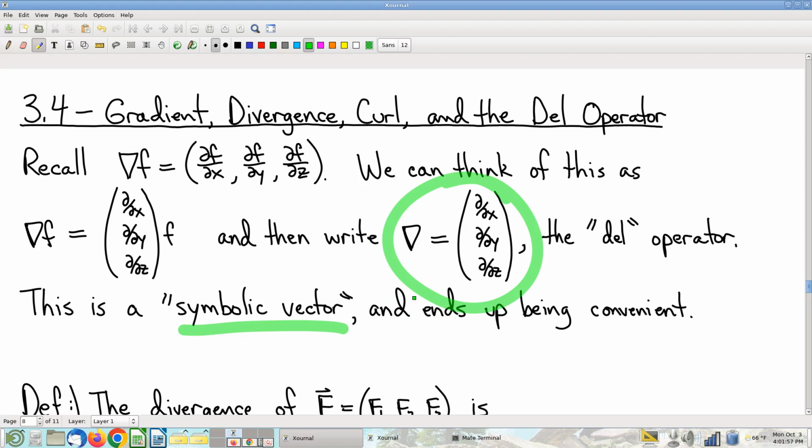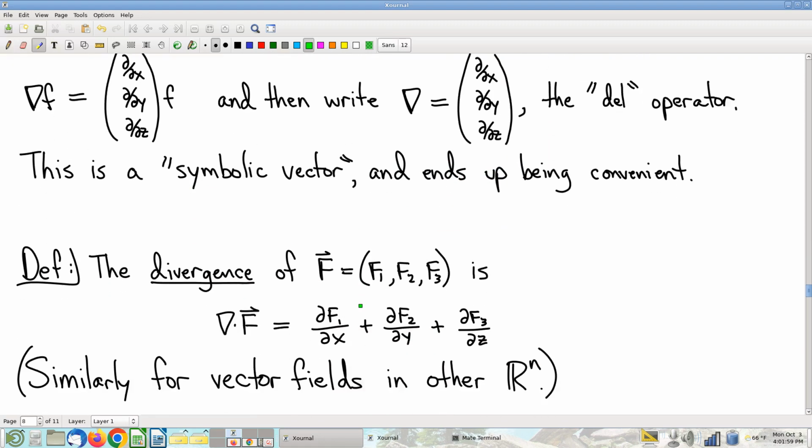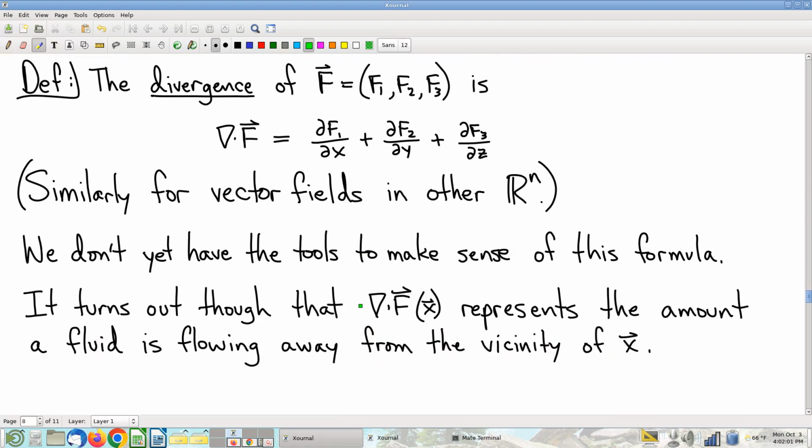Okay. All right. So here's the first thing we're going to do with the del operator. We're going to define something called the divergence of a vector field. Notice here's our del operator. You can see it right there. There are the various partials, x, y, and z partials.